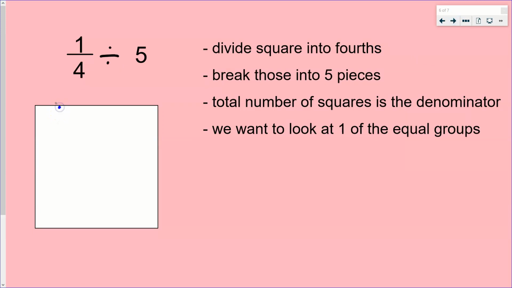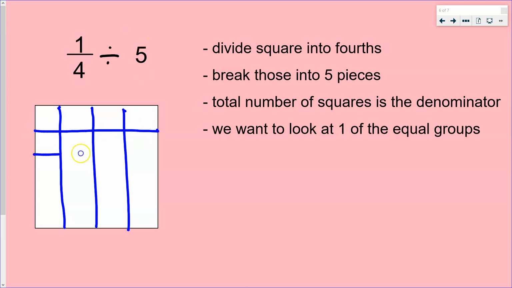So if I divide this square into fourths, let's see if I can do this reasonably neatly. Okay, and then I need to break this into 5 pieces because this is what I'm looking at now. So I'm going to break it down this way into 5. Obviously not perfect scale here.